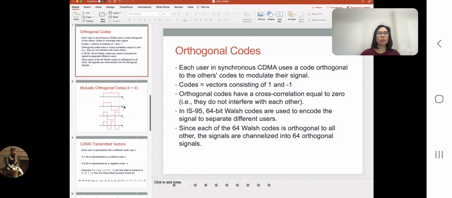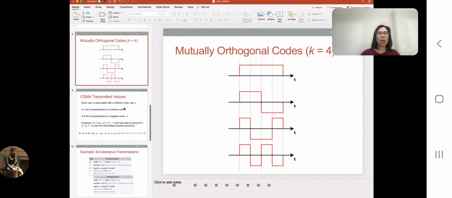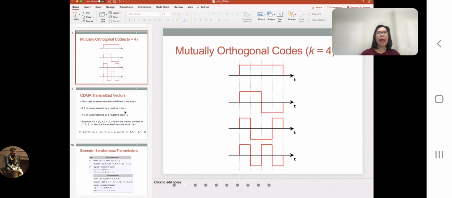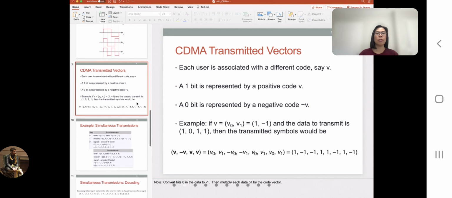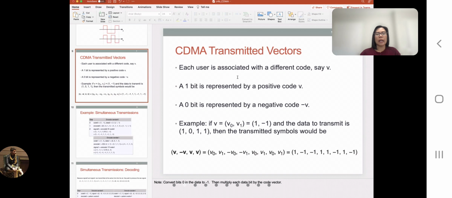Now, how do we use orthogonal codes to encode a message, and then how does the receiver decode the messages from different senders? This is how the encoding is done.